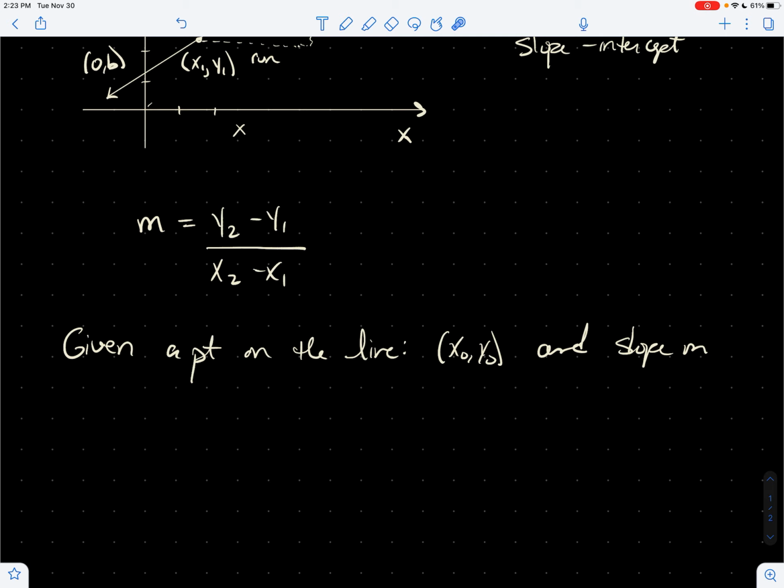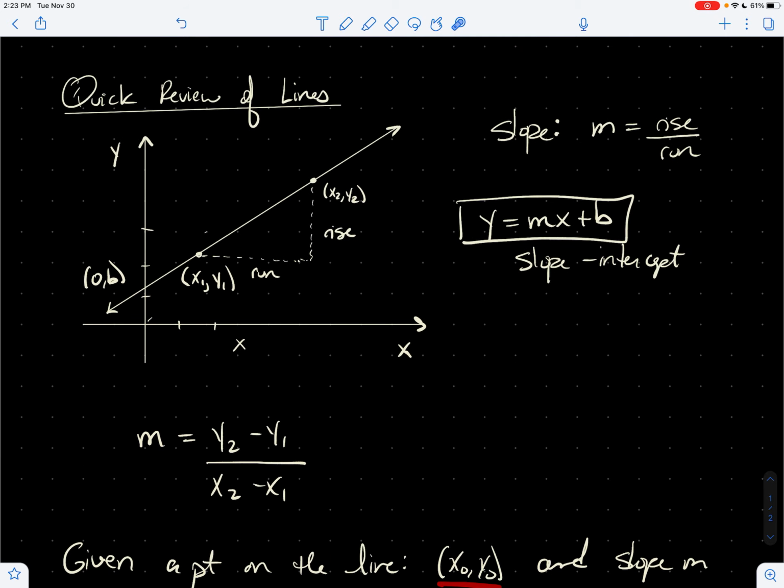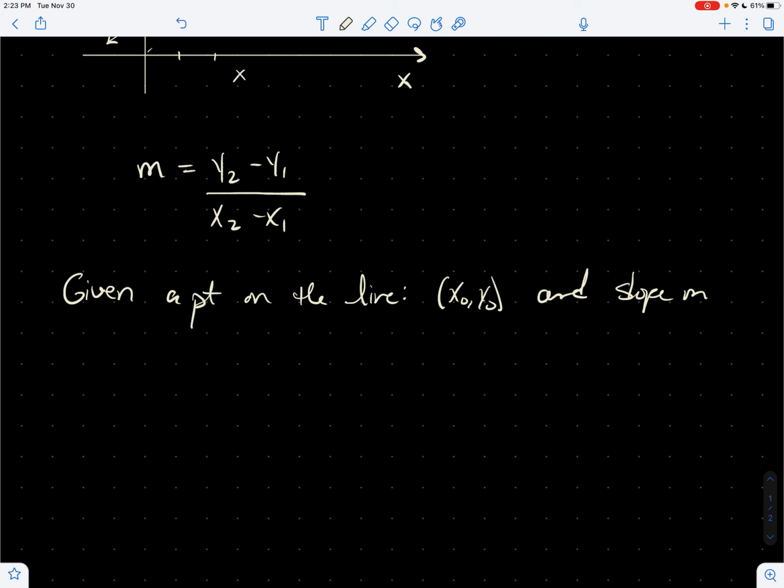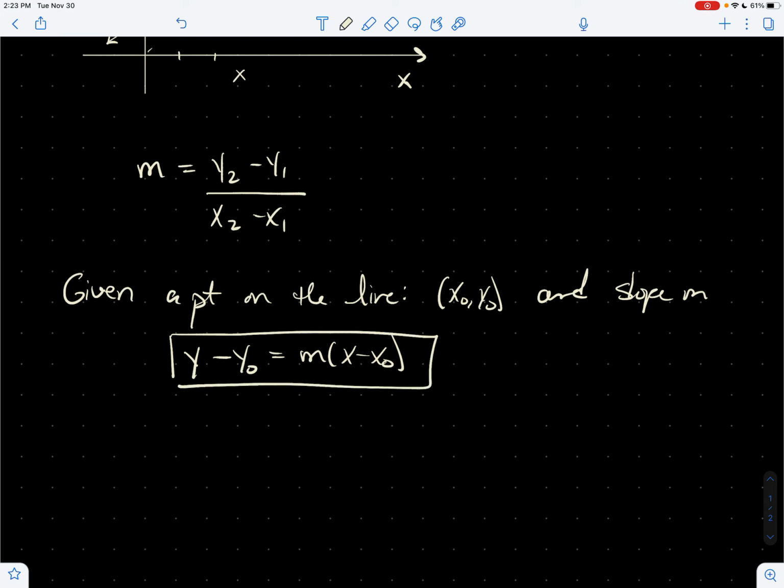The point you're given might not actually be the y-intercept. It might be just an arbitrary point. And you can still write down the equation of the line. It looks like this: y minus y naught equals m times x minus x naught. So those are the equations that we need. I want to do some examples with you now, and then we'll jump into what we want to talk about for stats.